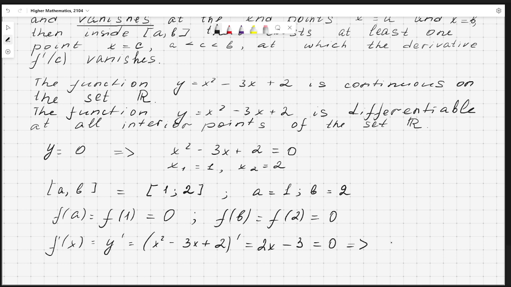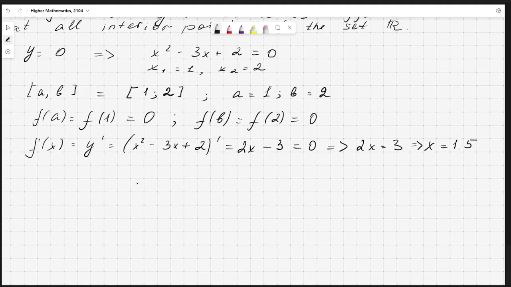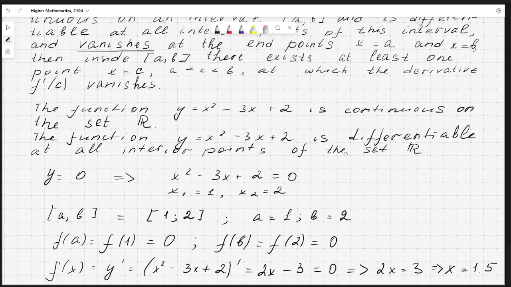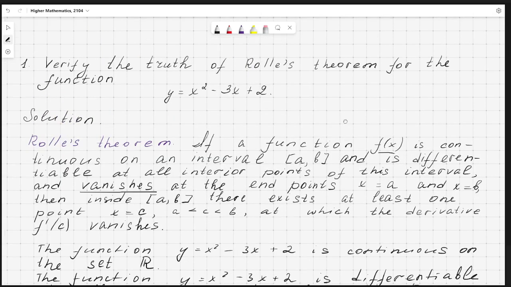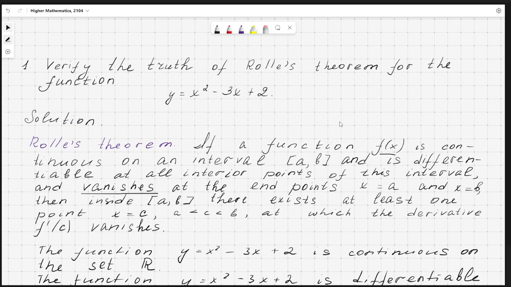From this, 2x equals 3 and x equals 1.5. 1.5 is C that lies between 1 and 2. It means we verify the truth of Rolle's theorem for our function.